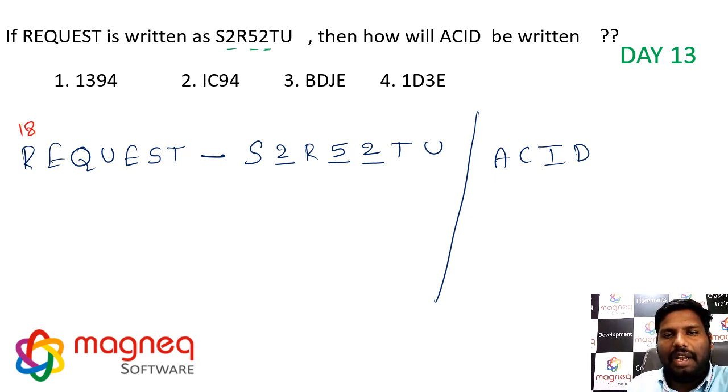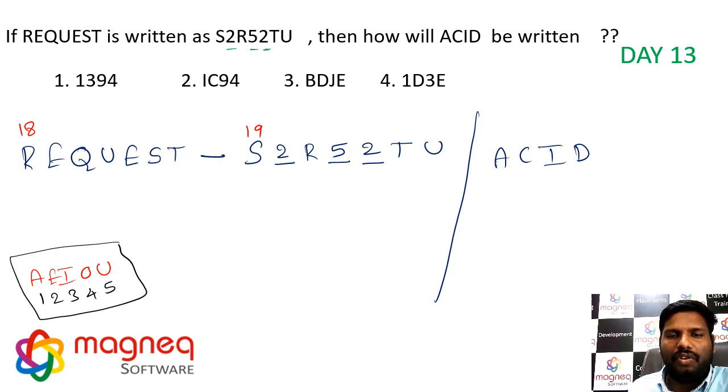R value is 18, S value is 19. We know the vowels are A, E, I, O, U. There are 5 vowels, numbered 1, 2, 3, 4, 5.